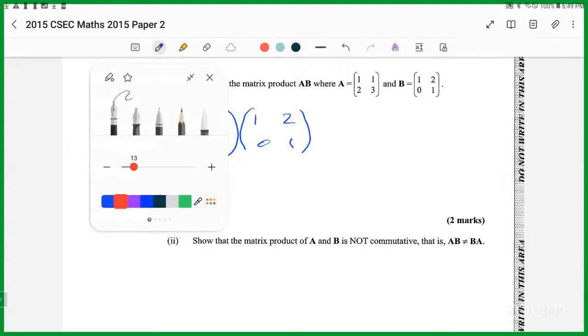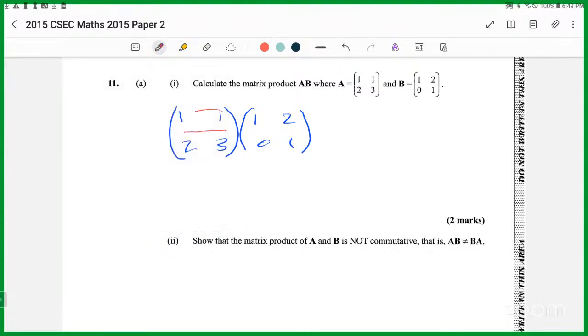Remember, you multiply the rows of the first matrix, that's these 2 rows, by the columns of the second matrix, that's these 2 columns. So to remind me, I put a line across these and a line down these. So I'm multiplying these 2 rows with these 2 columns. Alright, so when you multiply a 2 by 2 and a 2 by 2, you're gonna get back another 2 by 2.